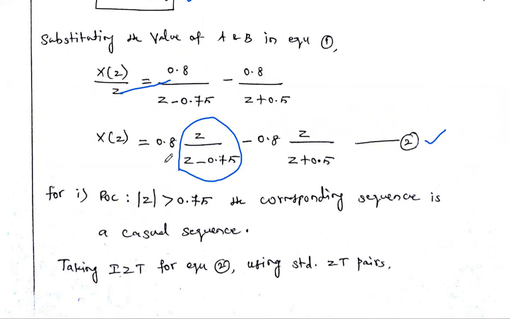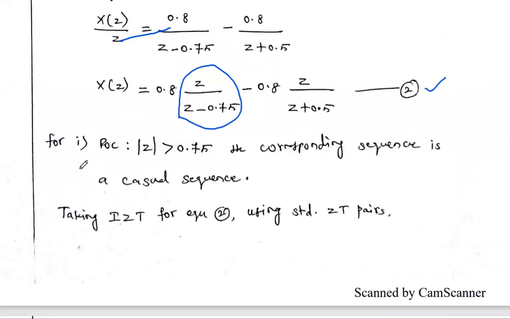Next, we have to find the inverse z transform under two conditions. In the given question, they are saying that under two ROC conditions, we have to find the signal x of n. First we are taking the first condition: the ROC modulus of z is greater than 0.75.